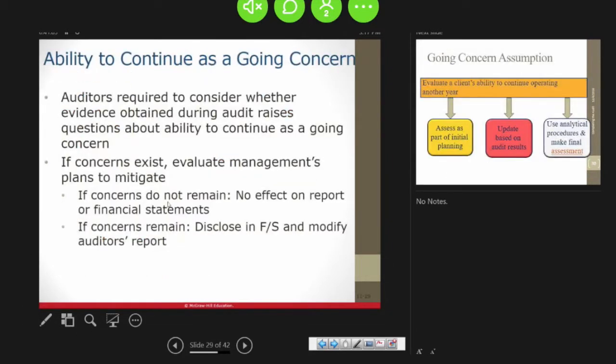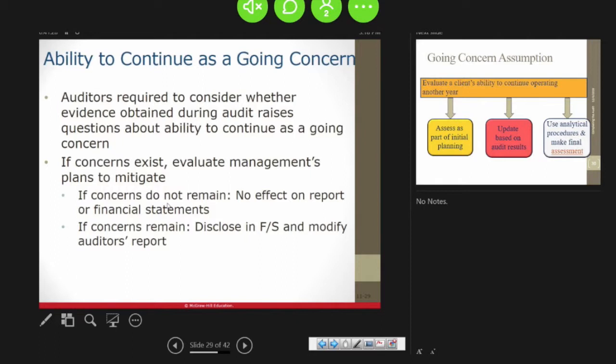Going concern. Right. So the auditor, during the planning phase, is going to become aware of any issues the client might be having with respect to their ability to continue as a going concern. So the fact that we're discussing this at the completion of the audit is not because that's when the auditor found it out.